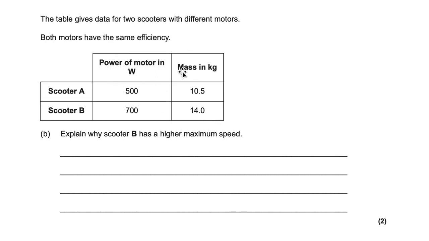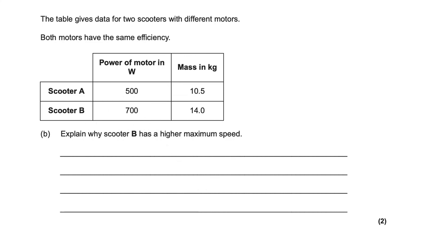Then it says power. So we are immediately thinking power means how quickly it transfers energy or how quickly it does work. Explain why scooter B has a higher maximum speed. You can see it's got a higher power.